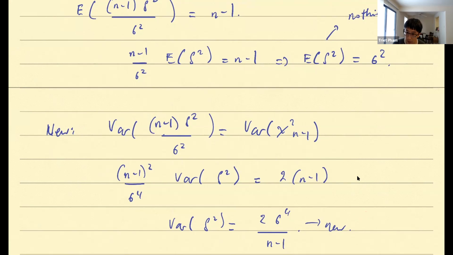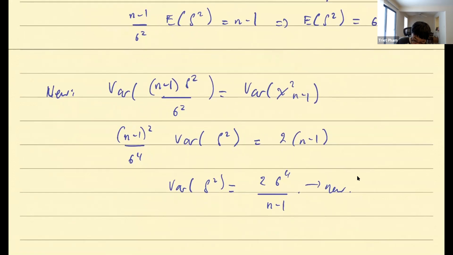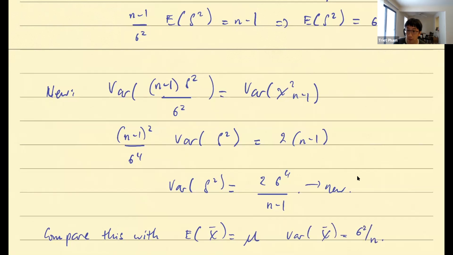So compare this with the expectation of x bar equals mu and the variance of x bar equals sigma squared over n. No, Alice, that's what I just said.